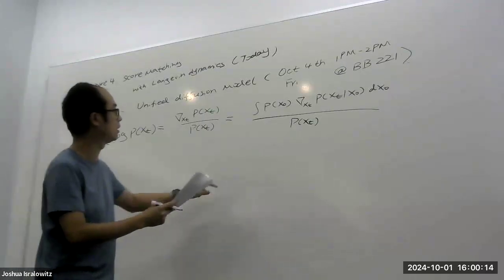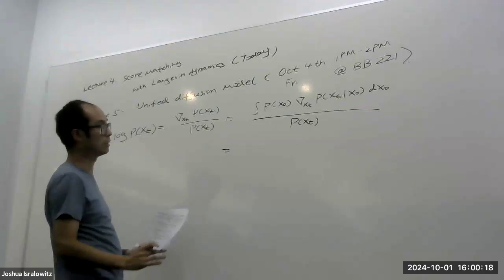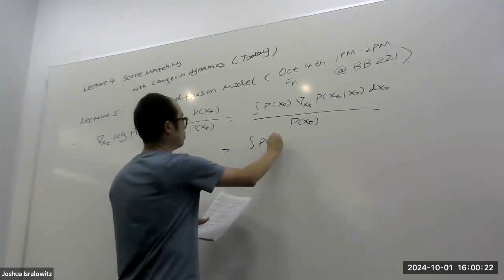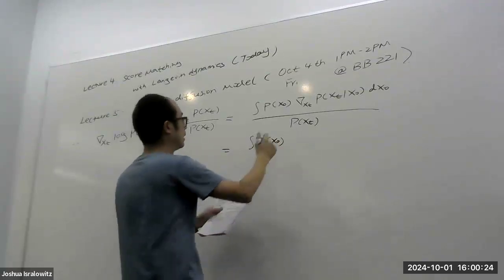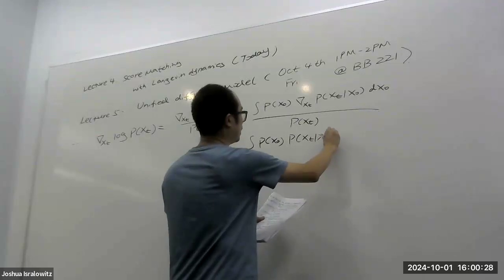All right, so then I'm going to do one more trick. This trick is I'm going to multiply by p of xt conditional on x0 and divide by the same thing.